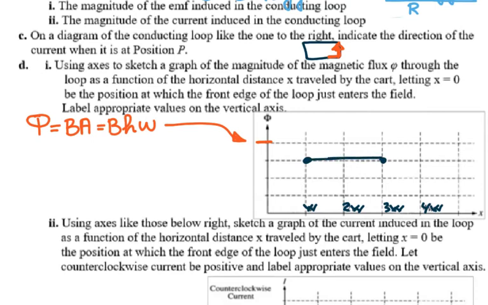So for this length, the flux is going to be maximum, and the flux depends on the x, on the distance it traveled. So you see from here, the W is the x value, so it's a linear relationship. So I have this way, and then by 4W it's going to be fully out, and there's going to be no magnetic flux.